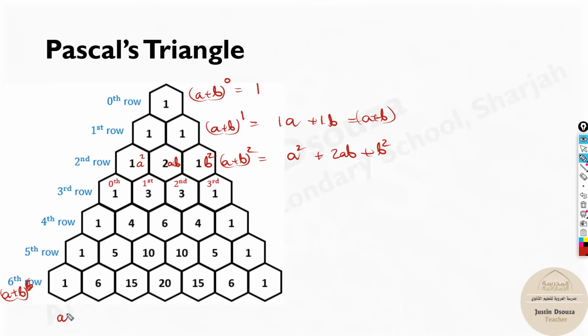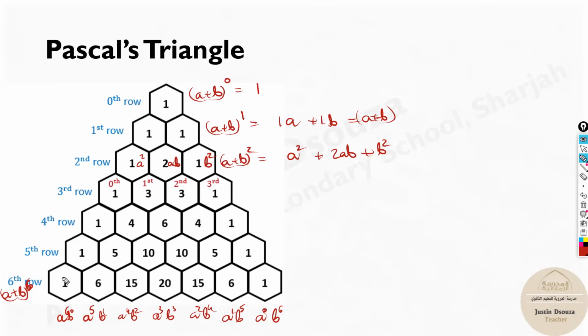So you start with a power 6. Next one will be a power 5. It'll be power 4, a power 3, a power 2, a power 1, and this is a power 0. We don't write it because a power 0 is 1. Now here, other ones are b power 0, 1, 2, 3, 4, 5, and lastly the highest degree is 6.